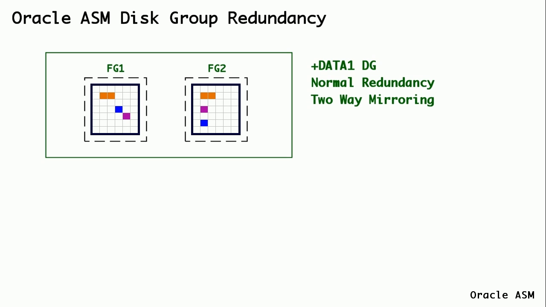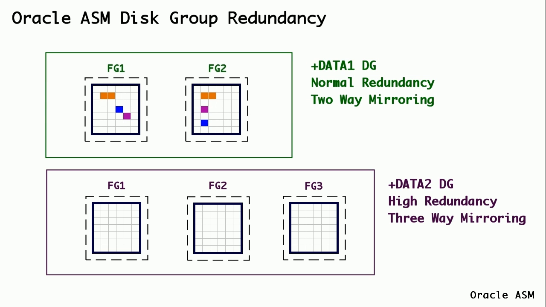Now, let us take a look at a high redundancy disk group. As you can see here, we have the data2 disk group. This disk group is created with high redundancy and, by default, it provides three-way mirroring. This disk group contains 3 failure groups.